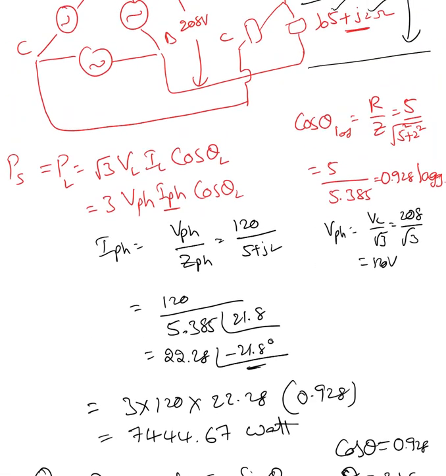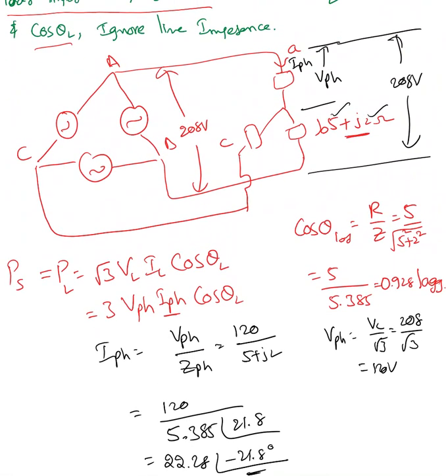Now, one of the students asked me, I am more comfortable having a YY connection, a Y source and Y load. Since the load is already Y, can I convert this delta into Y?